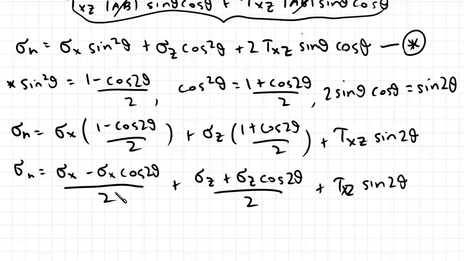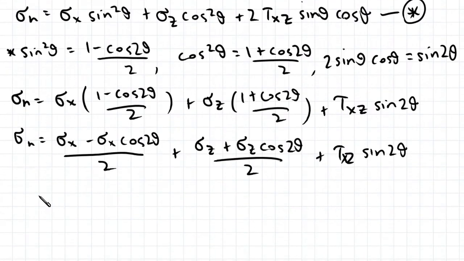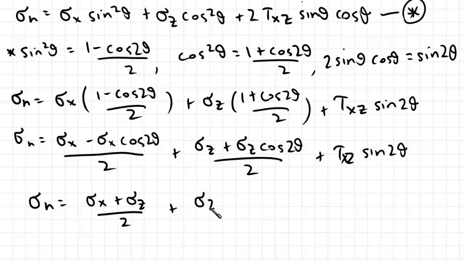Finally, we can tidy this up a bit. So the normal stress equals to sigma x plus sigma z divided by 2 plus sigma z minus sigma x divided by 2 multiplied by cosine 2 theta plus tau xz sine 2 theta.